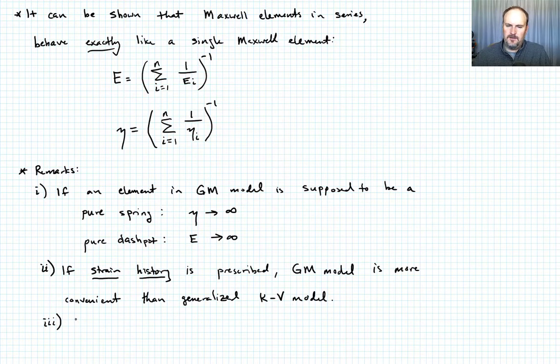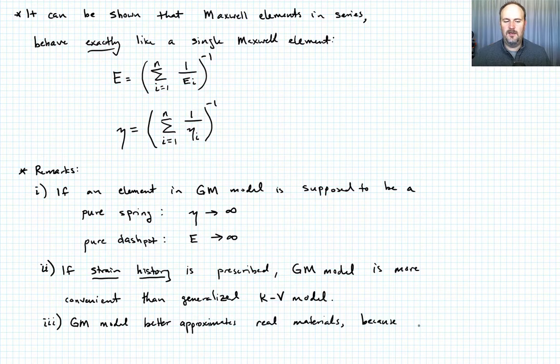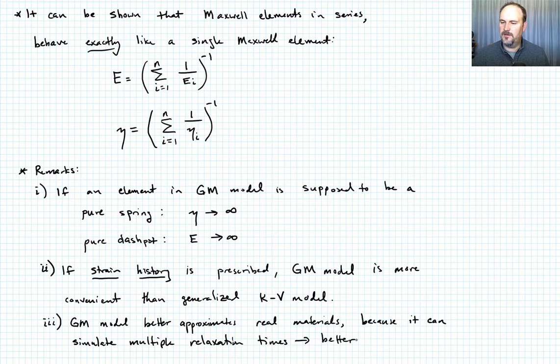So just say the generalized Maxwell model better approximates real materials because it can simulate multiple relaxation times, which of course better match the relaxation spectrum of real materials.